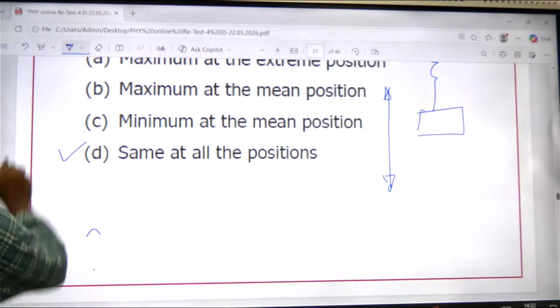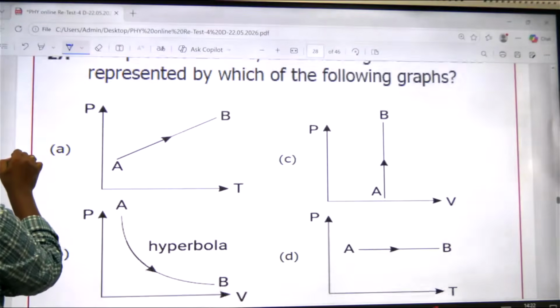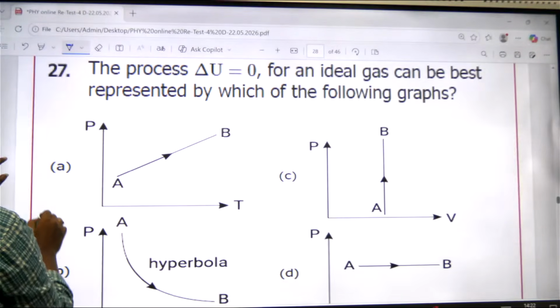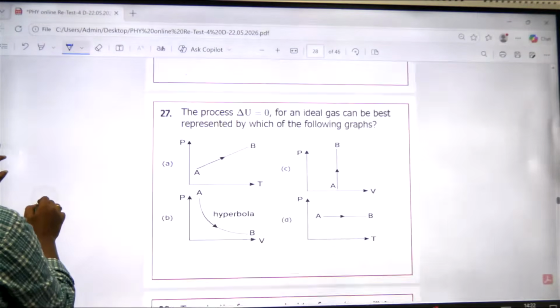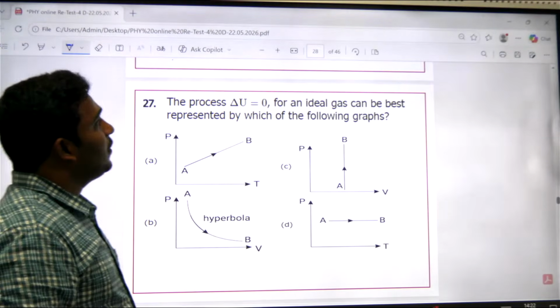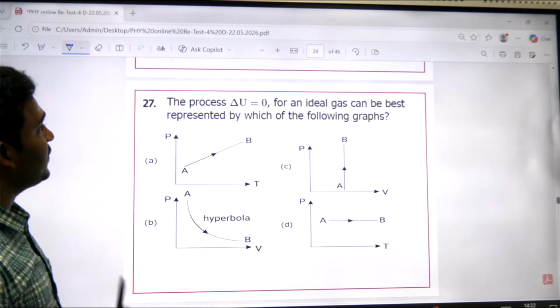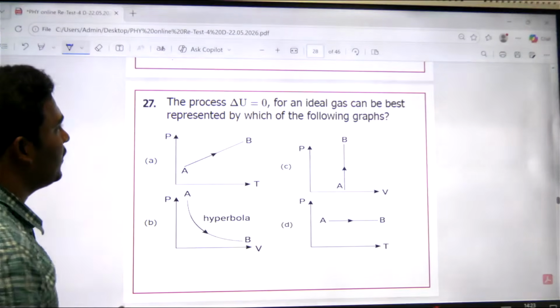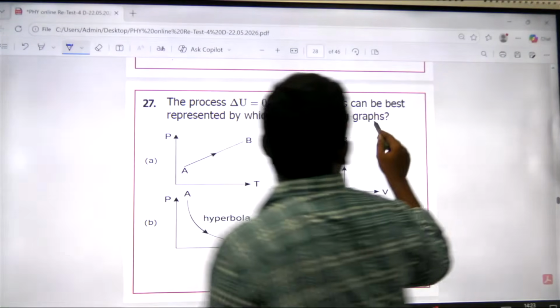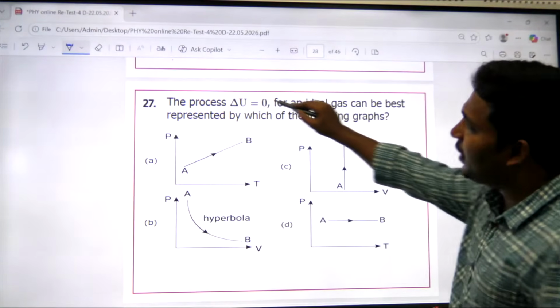Going to the next question, question number 27. It says that the total internal energy is zero for an ideal gas, which can be best represented by the following graphs. If you clearly observe here, can we simply write it as total internal energy zero?